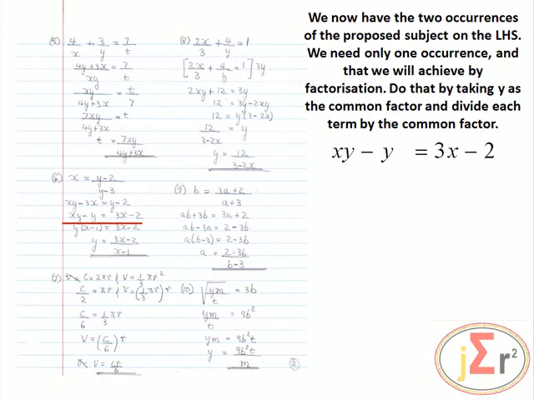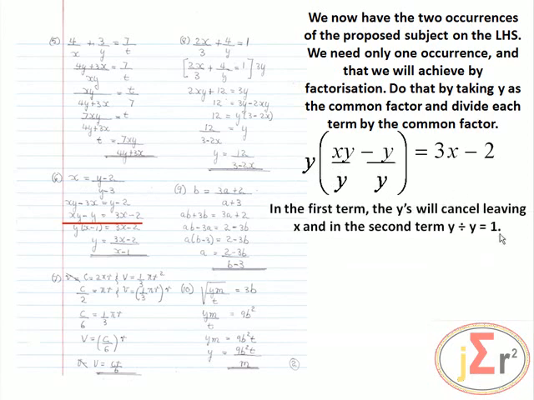Do that by taking y as the common factor and divide each term by the common factor. That is how we factorize. We always take out the highest common factor and we divide each term by the highest common factor. So there we have the common factor is taken out, and we have the term here divided by the common factor.